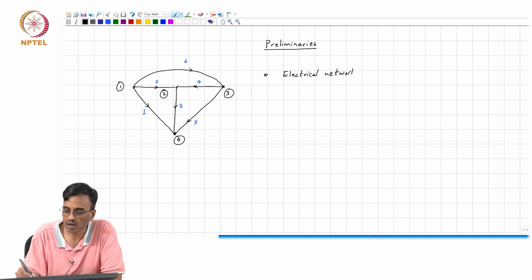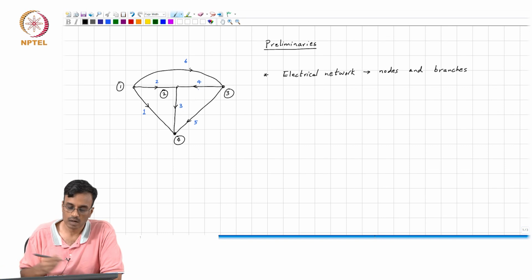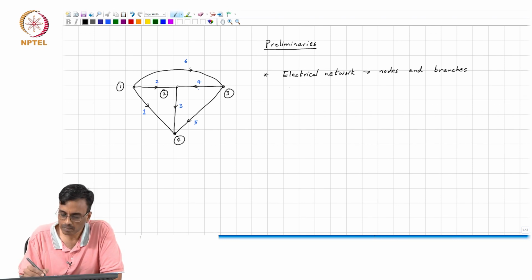So, an electrical network consists of nodes and branches. In this example, there are 4 nodes and 6 branches, and every node is associated with a node potential, and we will call the node potentials V1, V2, V3 and V4.